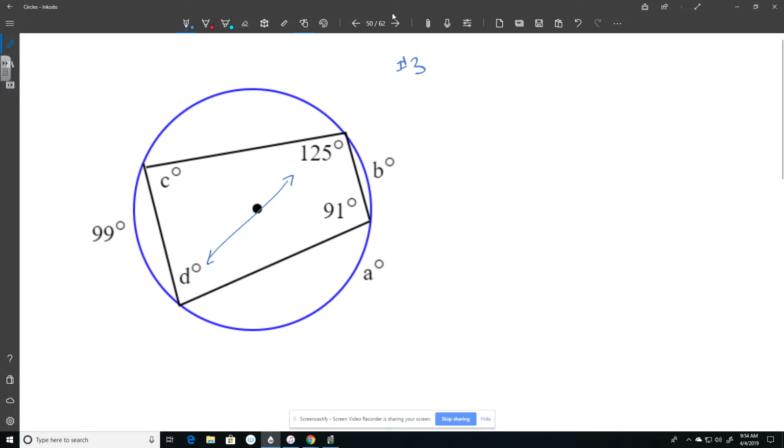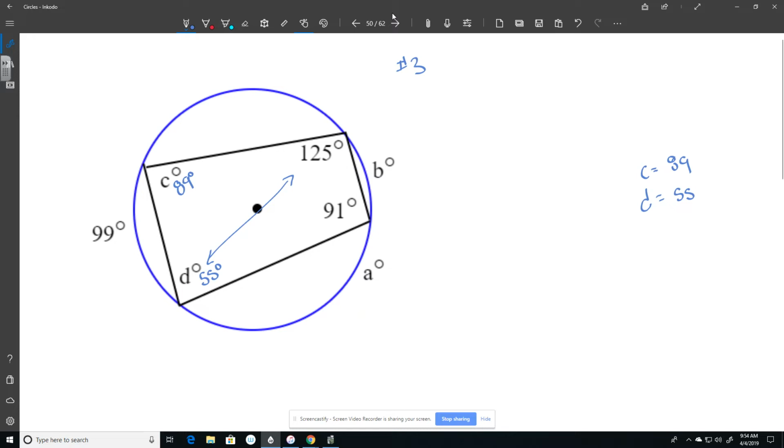So if this angle is 125, that means that angle D is 55 degrees. And if this angle is 91, it adds up with C to equal 180, which means that C is 89 degrees. So I have C and D, even though those aren't the first ones I'm going to put in the computer. Those are the ones that are easiest to find first.